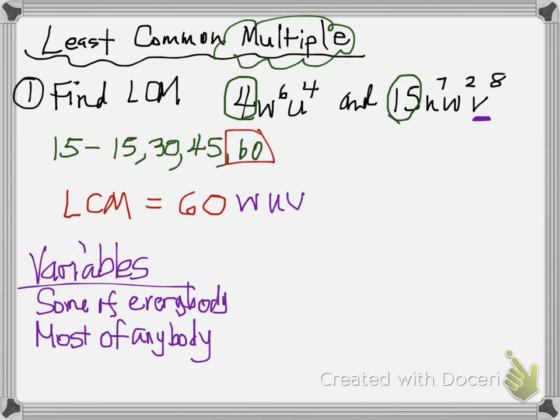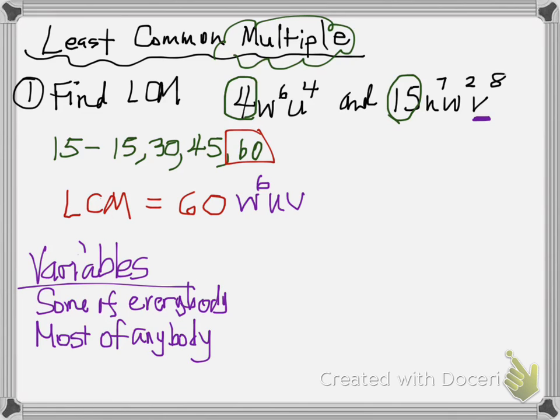All right? Okay. So now I've got some of everybody. Now I go back and I want the most of anybody. So I go back to the W and look at the W's. I had a W to the 6th and a W to the 2nd. Which one is the most? W to the 6th. So I need a power of 6. Check the U's.